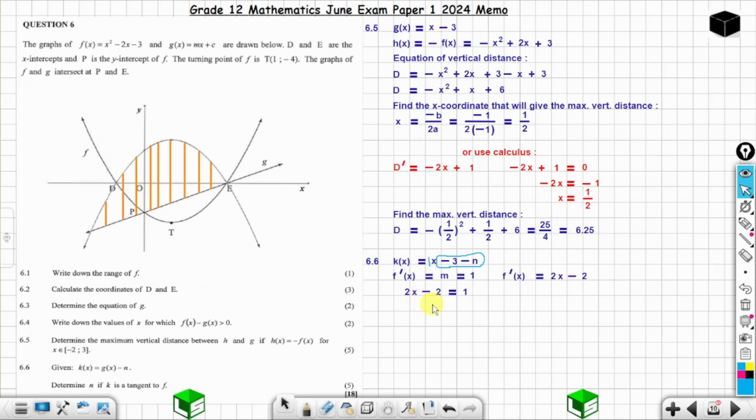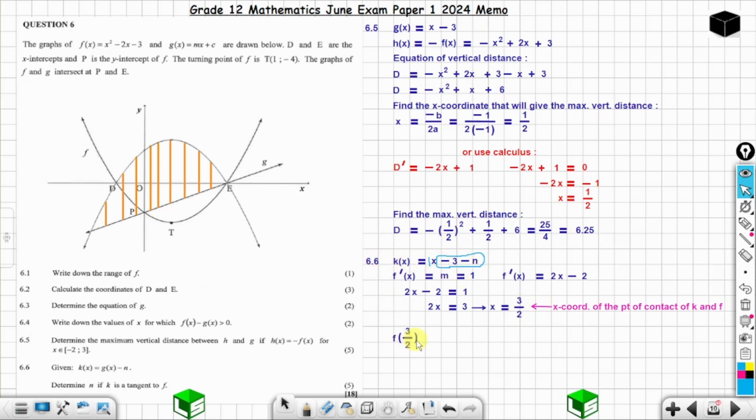The x coordinate of the point of contact. Let's find, you have 1 plus 2, which is 3, x is equal to 3 over 2, okay? This is the x coordinate of the point of contact between K and F. So if we have the x coordinate and the y coordinate, we can use that point to find n.